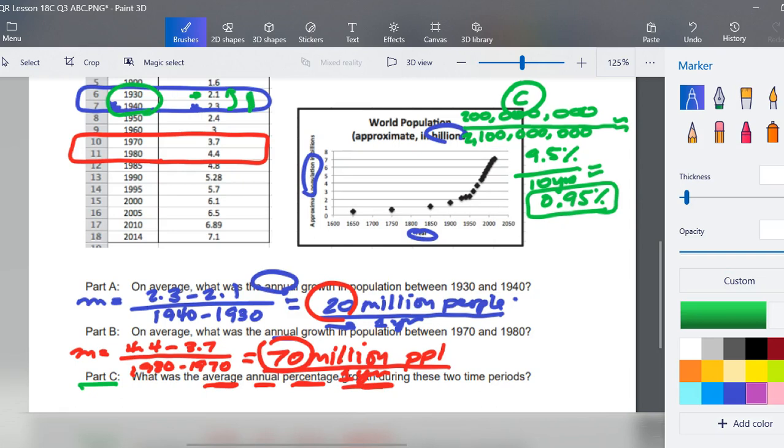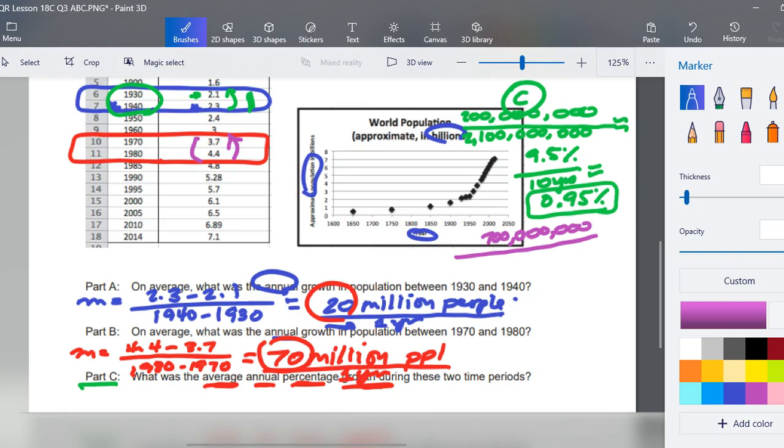Let me grab another color, because I think it says between these two time periods. So now let's look at 4.4 minus 3.7, and that's about 0.7 billion, which is actually 700 million.